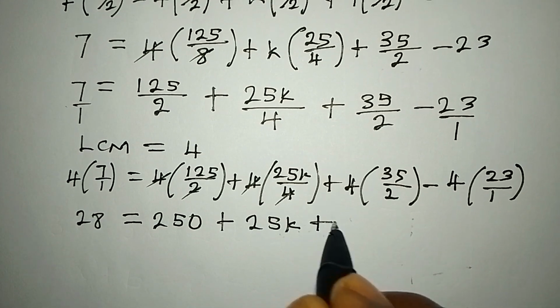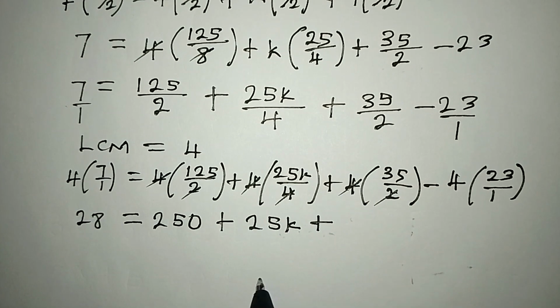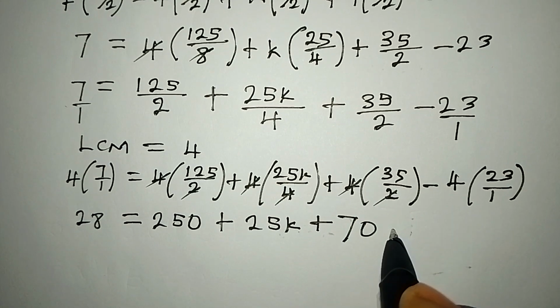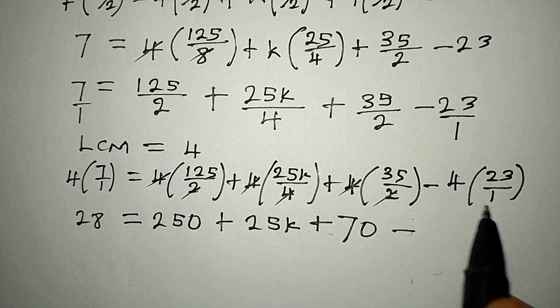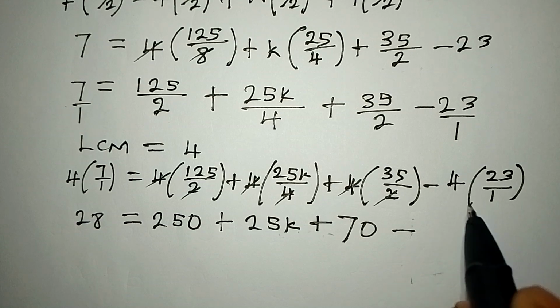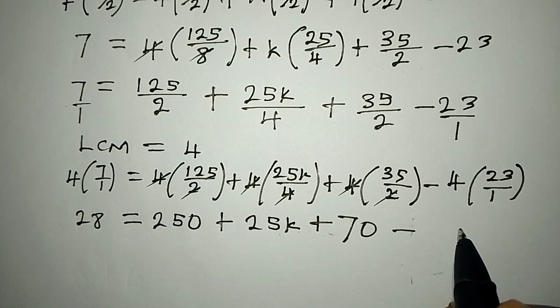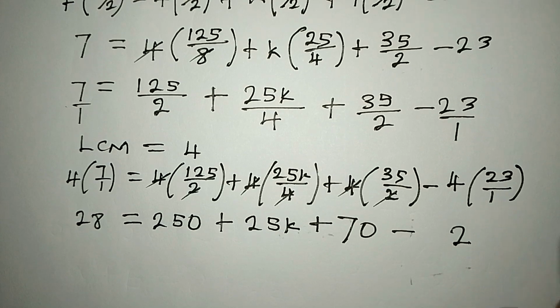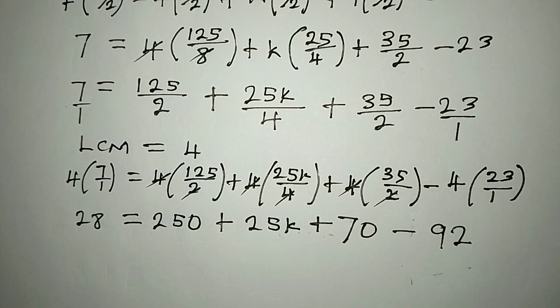Then plus 2 will go here 2 times. 2 times 35 is 70. Then we have minus. Let's multiply 4 by 23. So 4 times 3 will give us 12. Carry 1. 4 times 2 is 8. Plus 1, and it's 92.